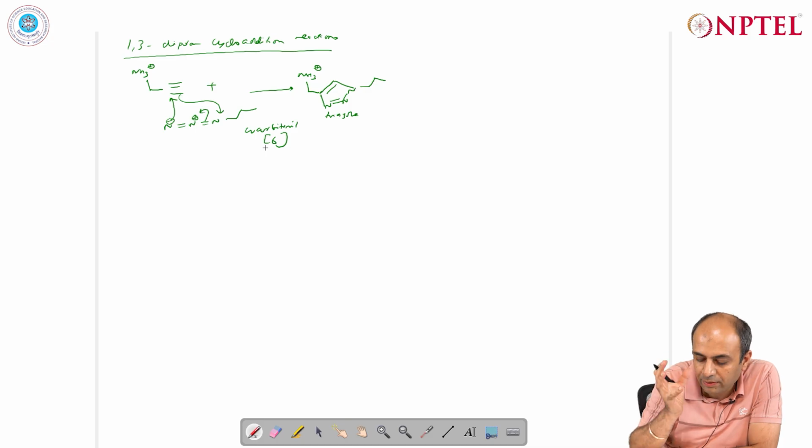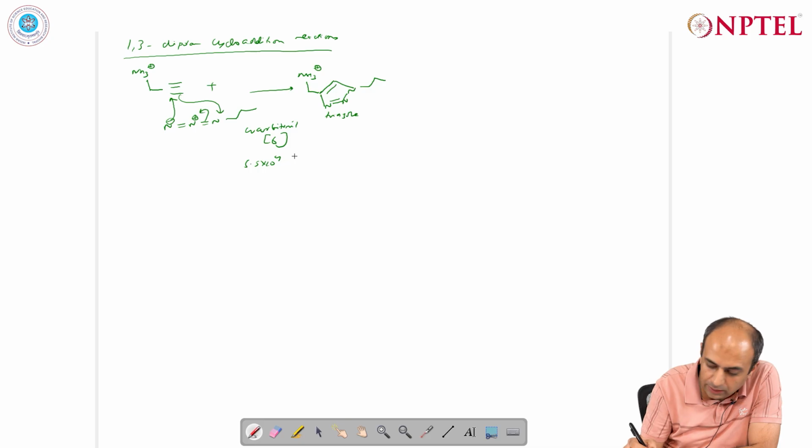So, this molecular barrel was utilized to do the cycloaddition reaction, and Cucurbiturils have a strong affinity for these protonated ammonium species because of the cation-pi interactions, and overall with the presence of these hosts the rate enhancement is 5.5 into 10 to the power 4 fold increase in the rate. So, we get this particular product.